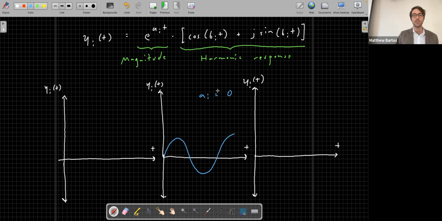Okay, let's look at the case of AI greater than 0. What will your response look like if AI, the real component, is greater than 0? Right, exactly. So you'll get exponential growth, but you'll also have this oscillatory component.